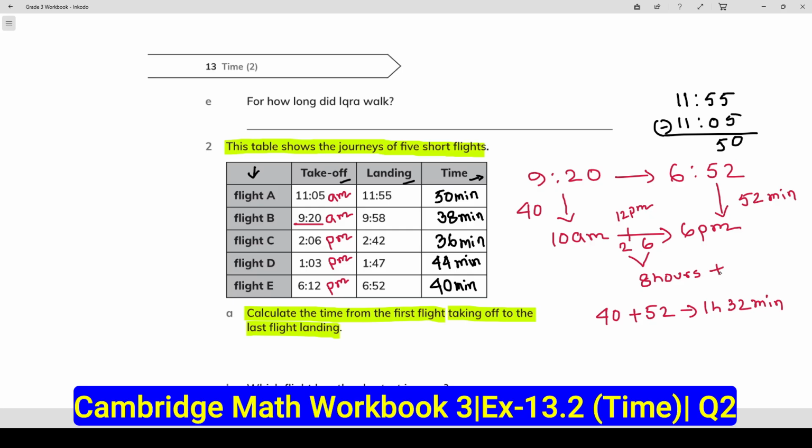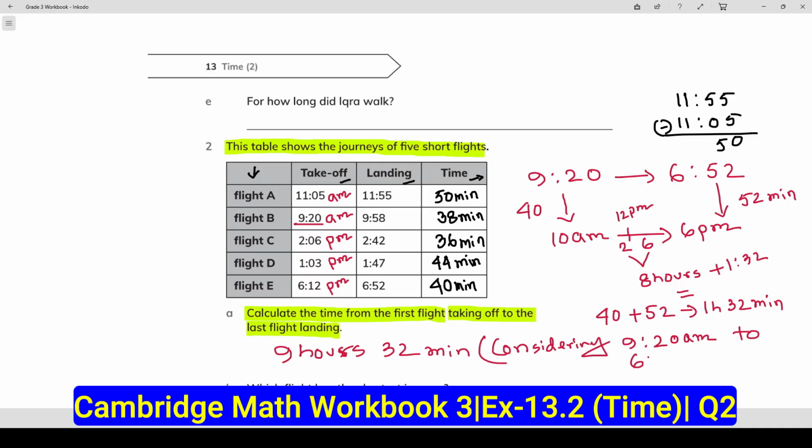So 8 hours plus 1 hour 32 minutes, it becomes 9 hours 32 minutes, considering 9:20 a.m. to 6:52 p.m. Okay, very simple.